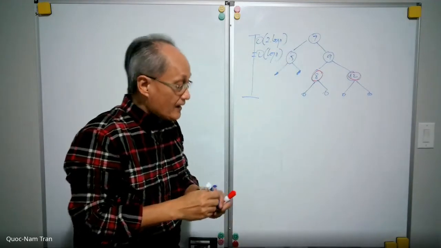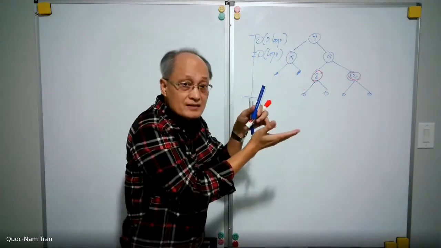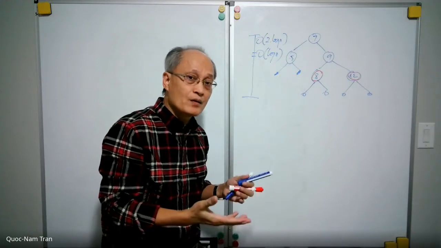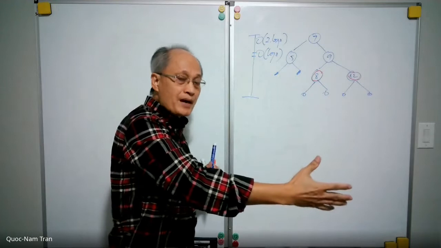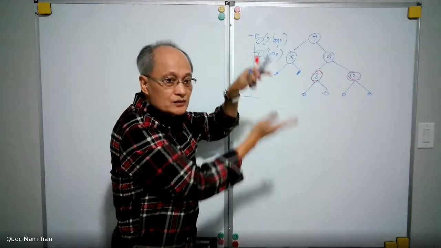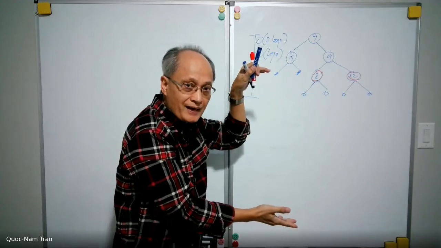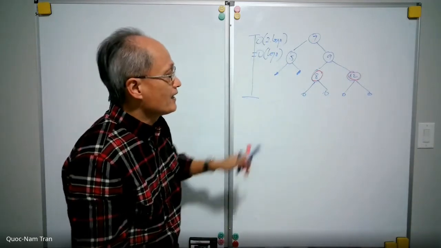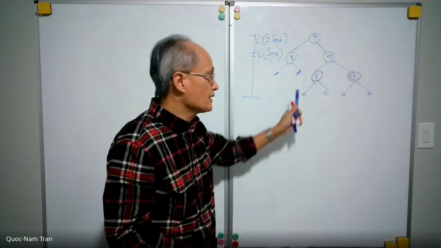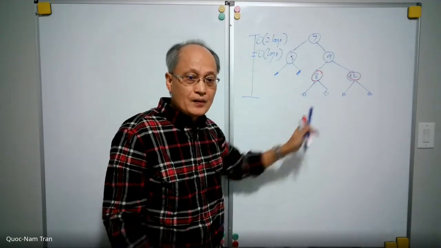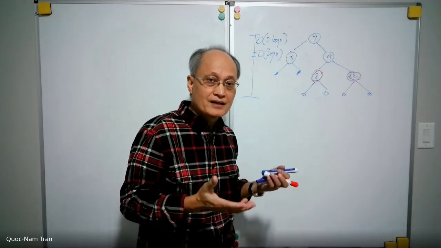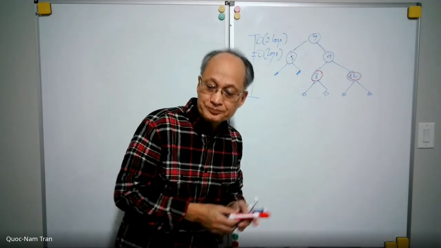It has maybe twice the height in comparison with a full binary tree, but it's only about 2 times at most. So searching, insertion, and deletion of a node on the red-black tree will always be big O of log n, which is very efficient, right?